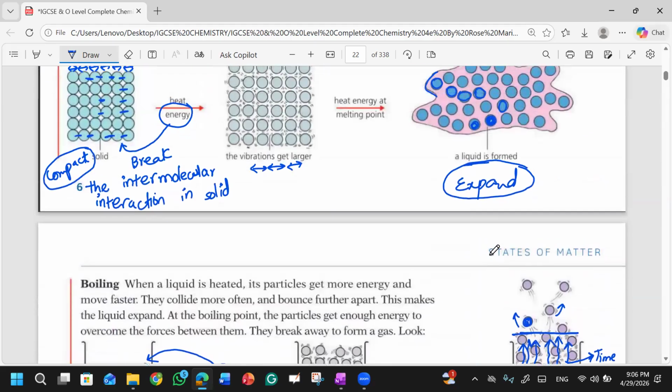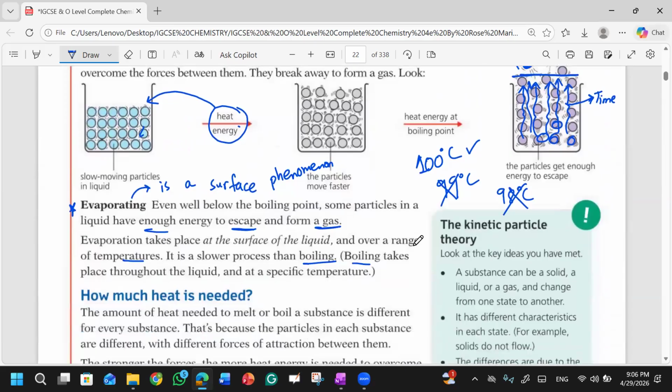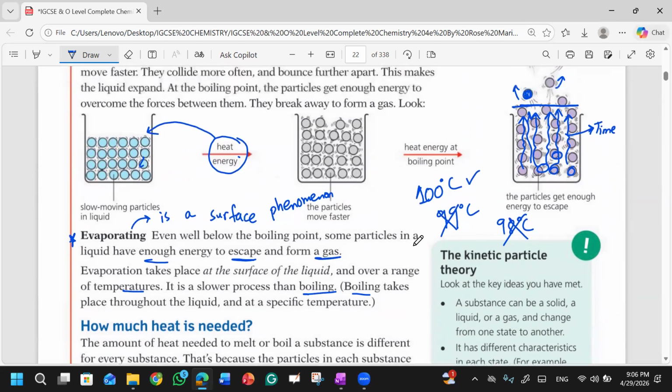Now firstly tell me, what is the difference between evaporation and boiling over here? The temperature is different. To boil, you need 100 degrees.